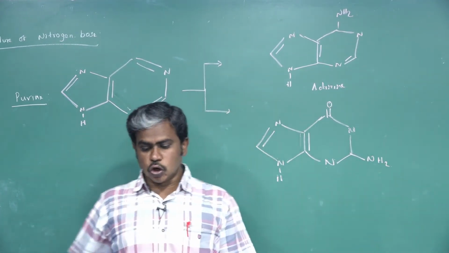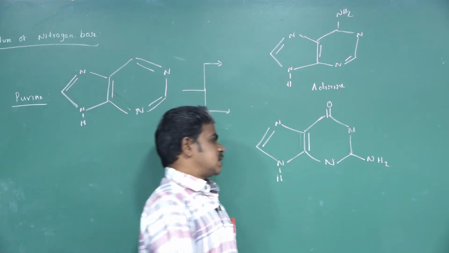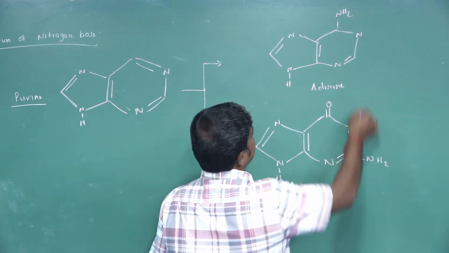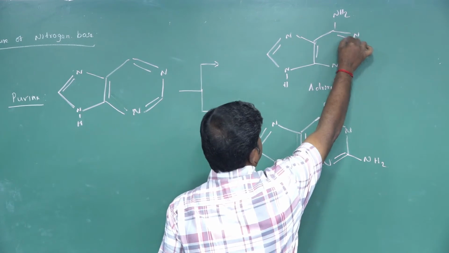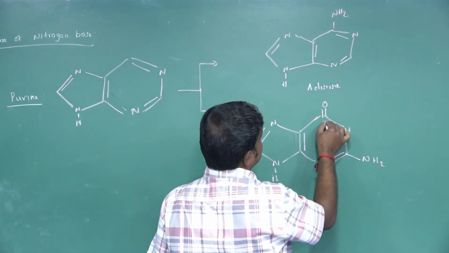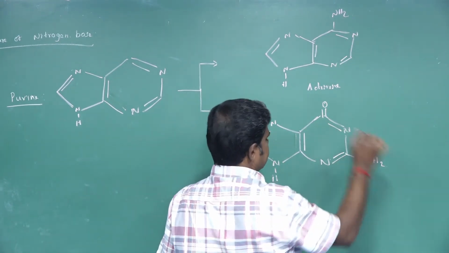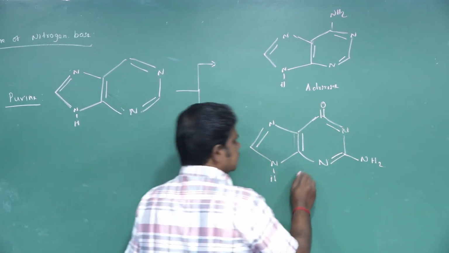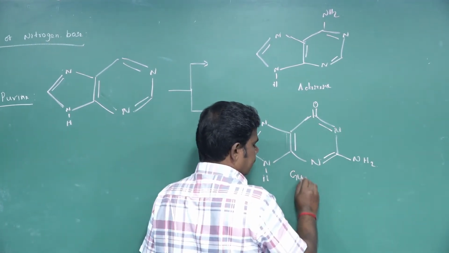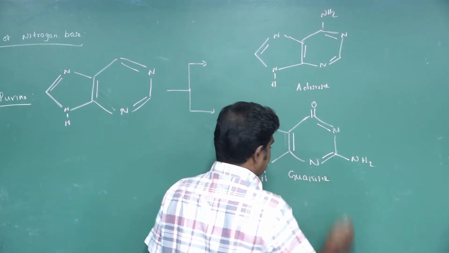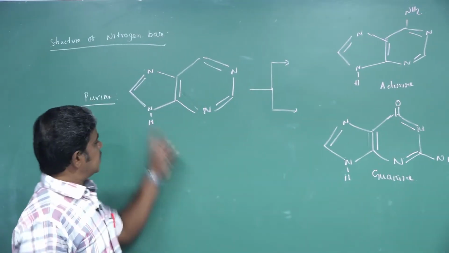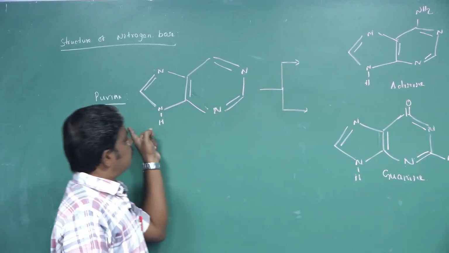So NH2 and CO groups are present like this. So it is nothing but guanine. This is the structure of guanine, and these two are made up of purine bases.